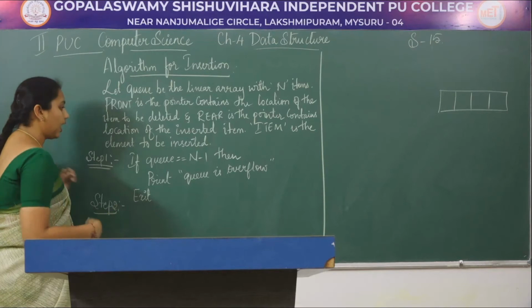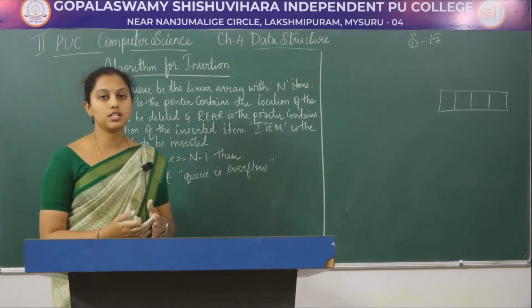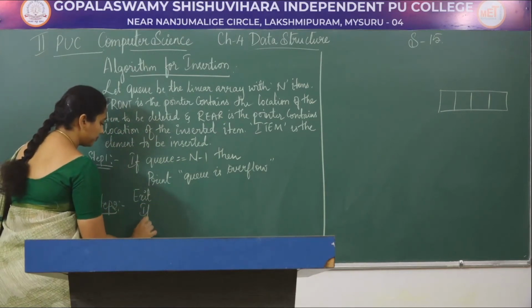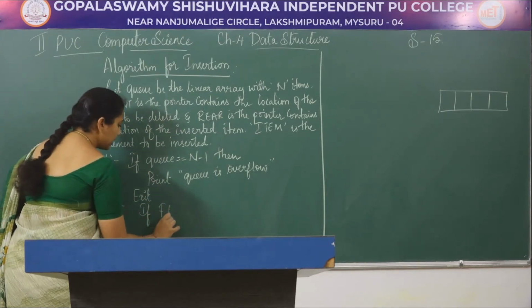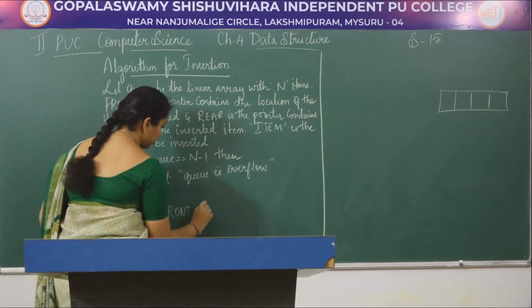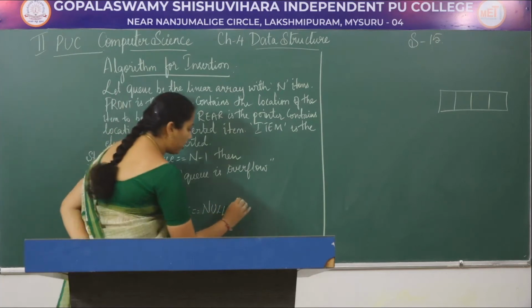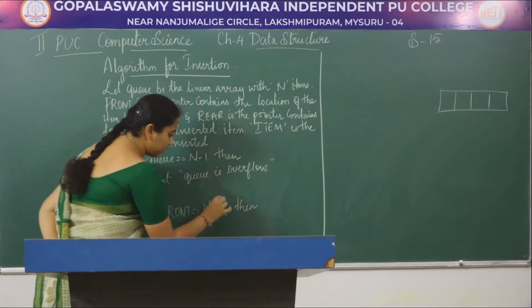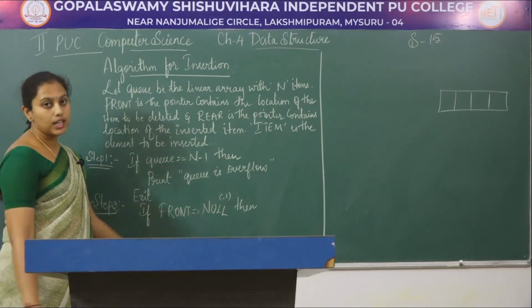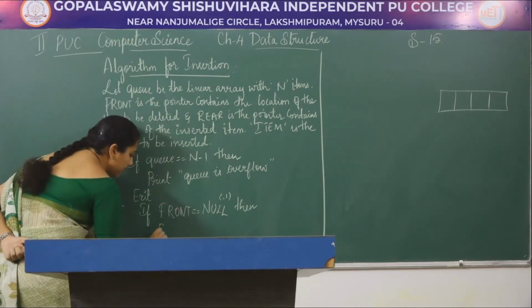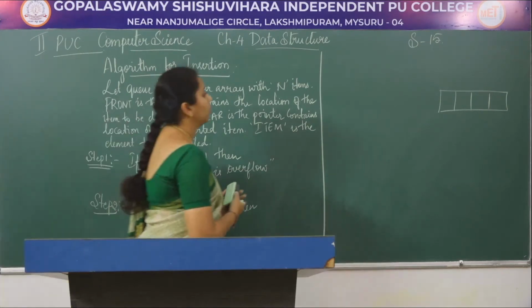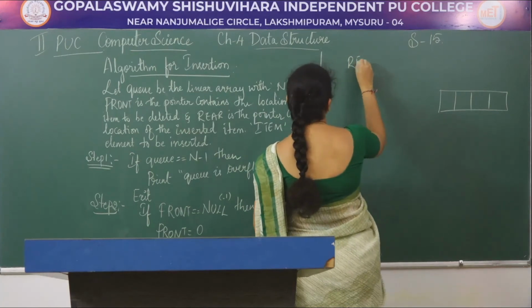We are checking another condition, whether it is an empty queue or not. So if front is equal to null, or we can say minus 1 also, then front is equal to 0 and rear is equal to 0.